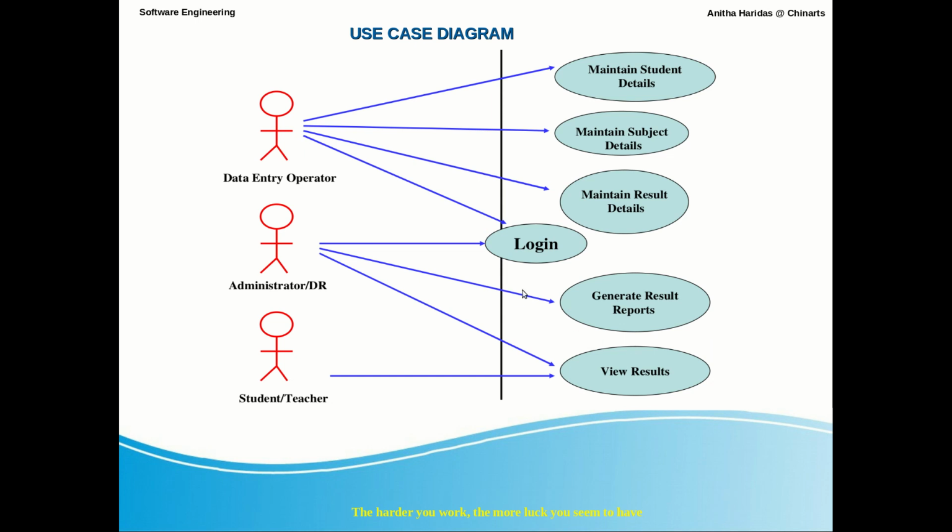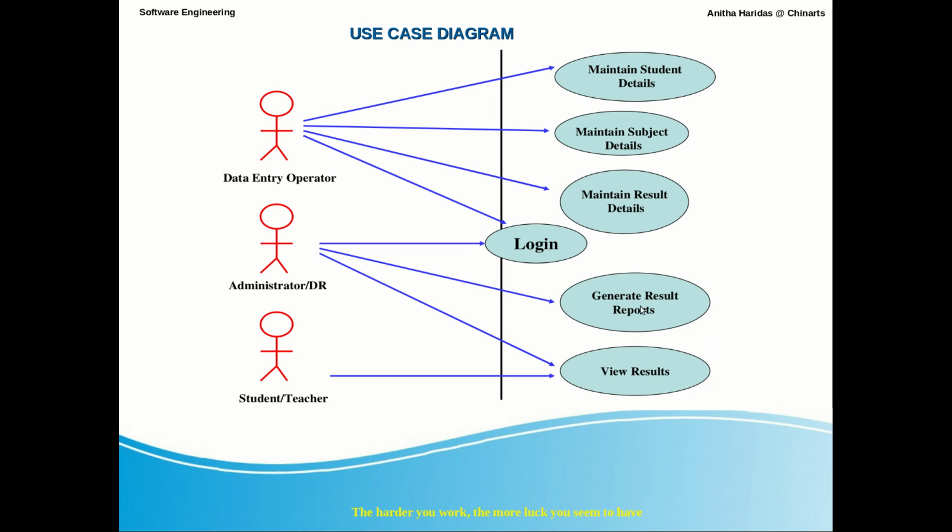Here you can see the data entry operator interacts with the system for 4 different purposes. What are they? He wants to maintain student details, or maintain subject details, or maintain the result details, or he wants to log in.